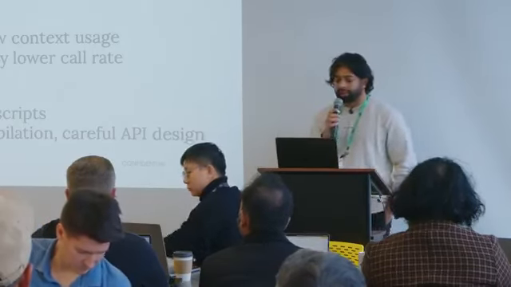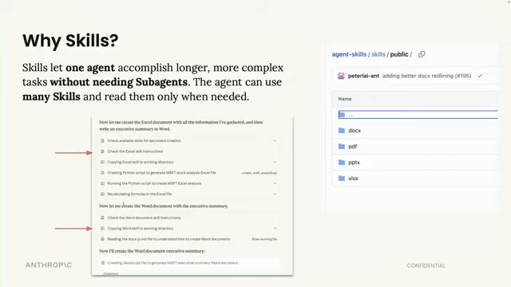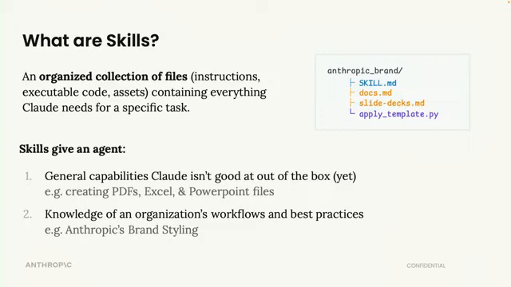Skills are basically a way of allowing our agent to take on longer, complex tasks and load in things via context. For example, we have a bunch of docx skills, and these tell it how to do code generation to generate these files. Overall, skills are basically just a collection of files.